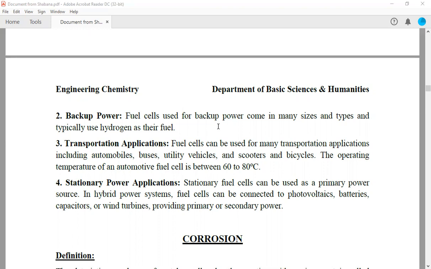So these are all related to the electrochemical series.